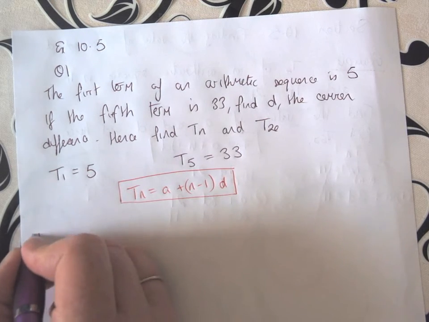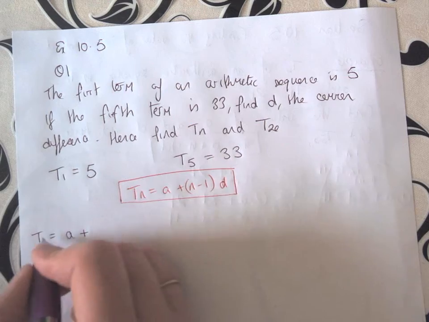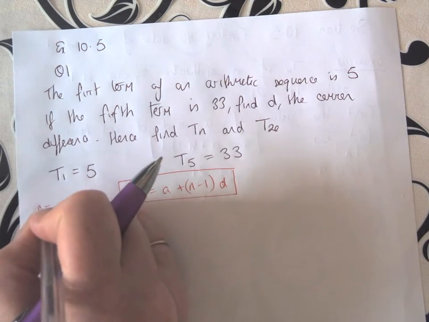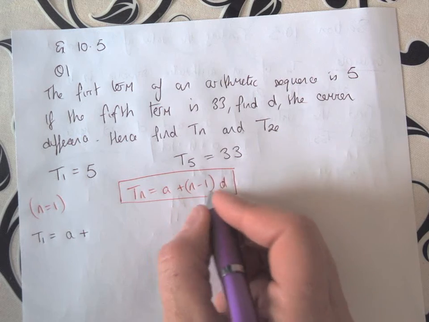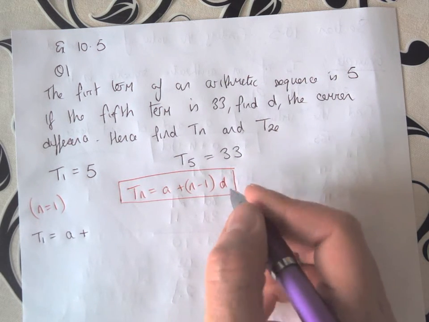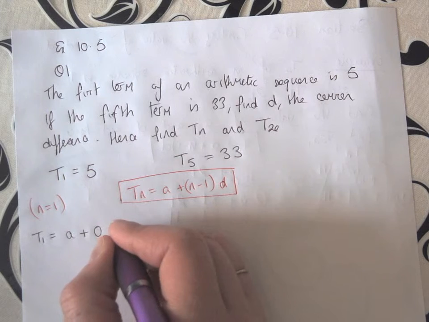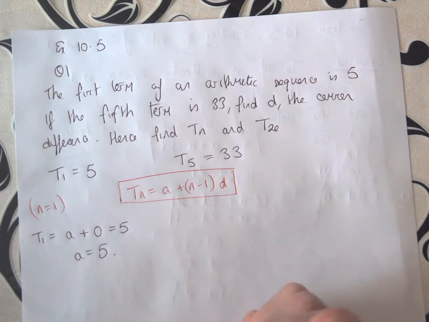So when I have T1, I have A plus, now n in this case is 1. Okay, so 1 take away 1 is 0, and 0 times D is just 0. So A is actually equal to 5.